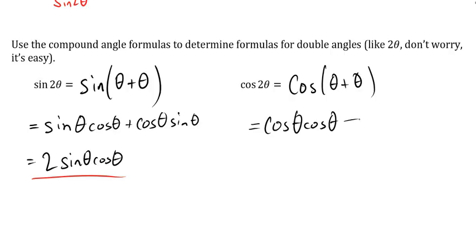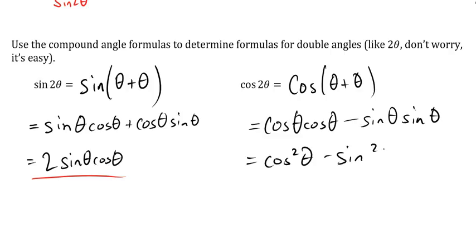So it should be minus. And then sine theta sine theta. What's cos theta cos theta? Say that again, Vivian. Yeah, cos squared theta minus sine squared theta. And formula. Now, sorry about this. I didn't make this up, but yes.